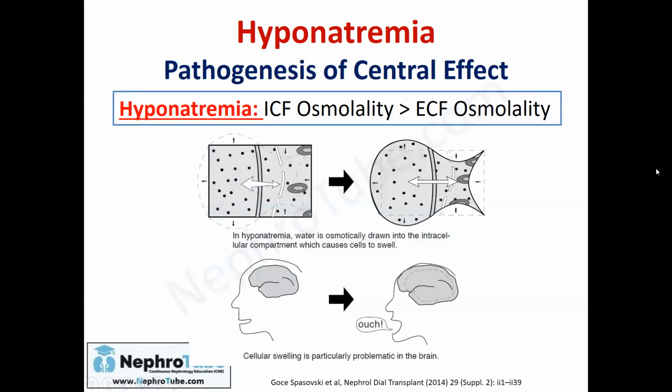One of these cells is the brain. So in cases of hyponatremia, we will find brain swelling and edema. And as we all know, the skull compartment is not expansible, it can't be expanded easily. So this will lead to an increase in intracranial pressure, causing the well-known central manifestations of hyponatremia.